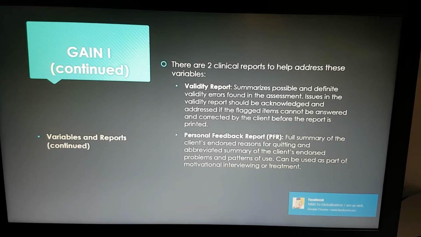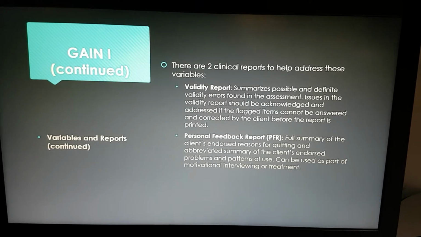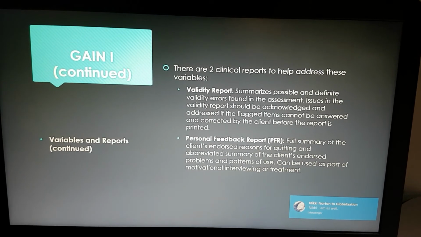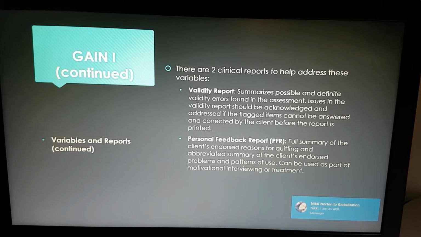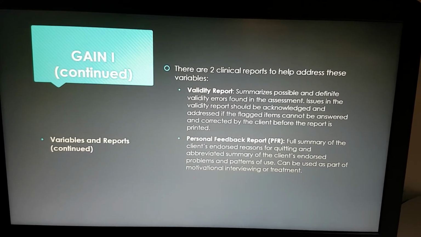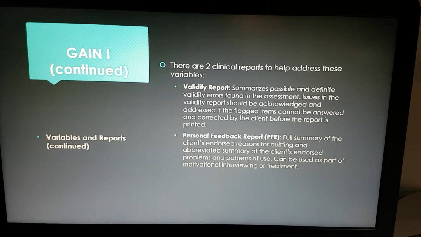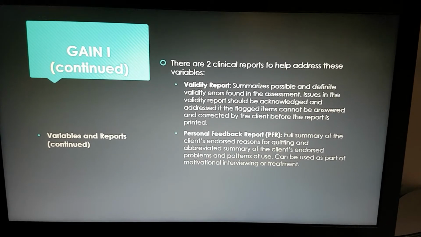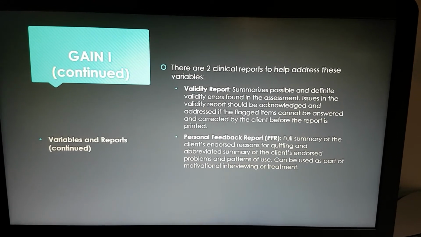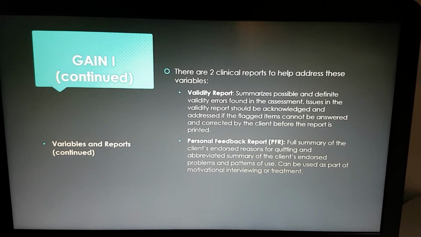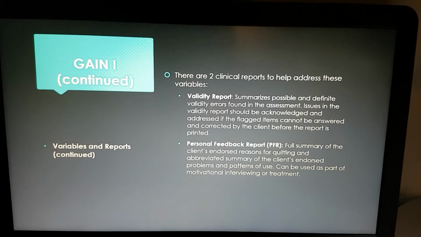And the second is the personal feedback report, which is a full summary of the client's endorsed reasons for quitting and an abbreviated summary of the client's endorsed problems and patterns of use. It can be used as part of motivational interviewing or treatment. So basically the first is a report saying how valid you think the answers are that the client gave. And then the personal feedback is just your own personal feelings on that.